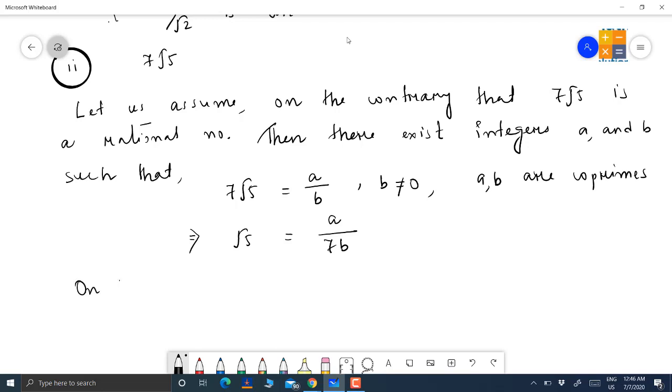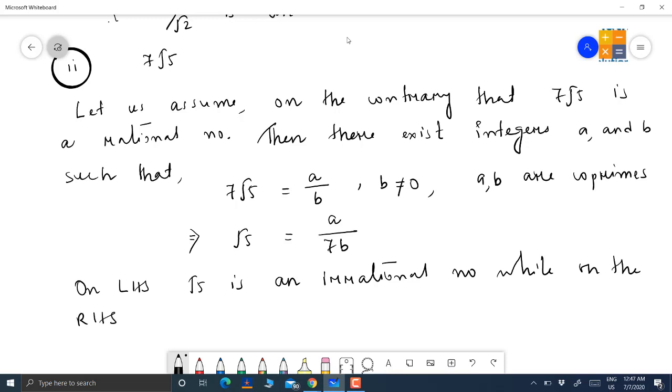On LHS, root 5 is an irrational number, while on the right hand side, as a, b, 7 are all integers, hence a by 7b is a rational number, of course.